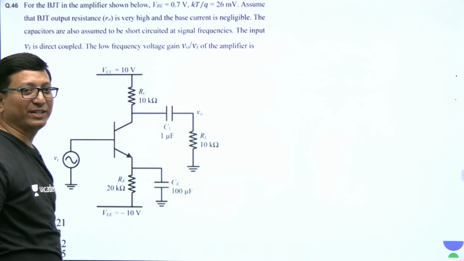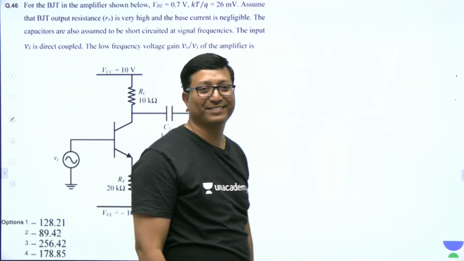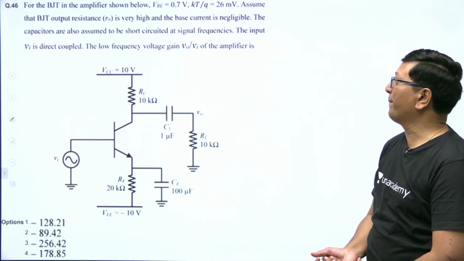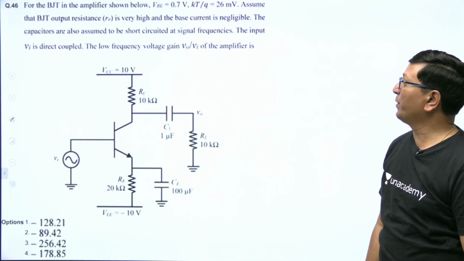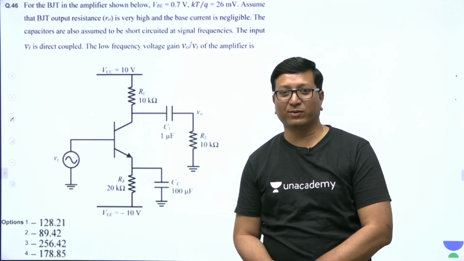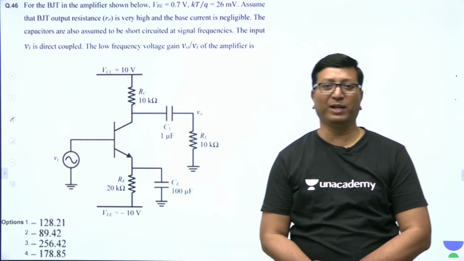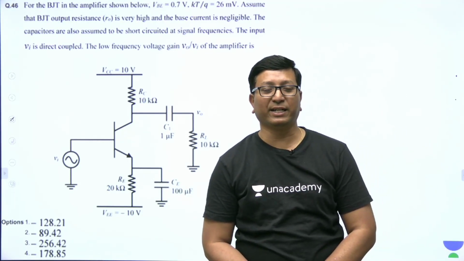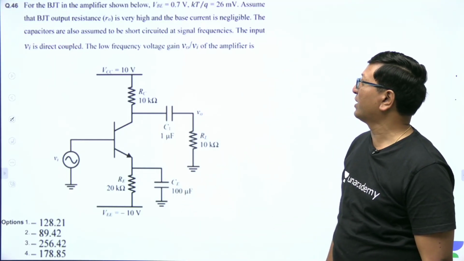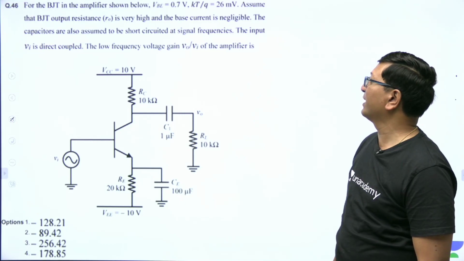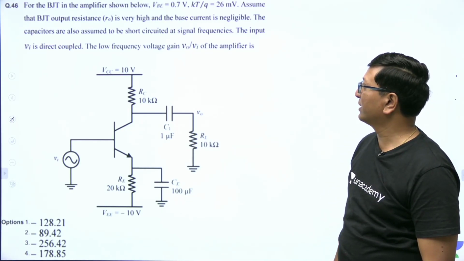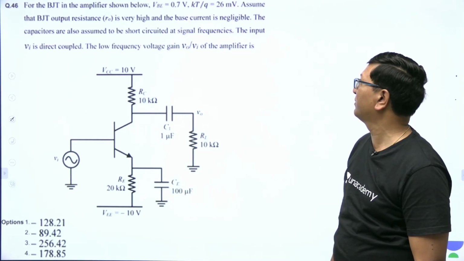Amplifier circuit, a very standard and very regular question it is. So for the BJT in the amplifier shown below, VBE is equal to 0.7 volts and KT by Q, the thermal voltage, is 26 millivolts, and assume that the BJT output resistance RO is very high and the base current IB is negligible, and the capacitors are assumed to be short circuited at signal frequencies.